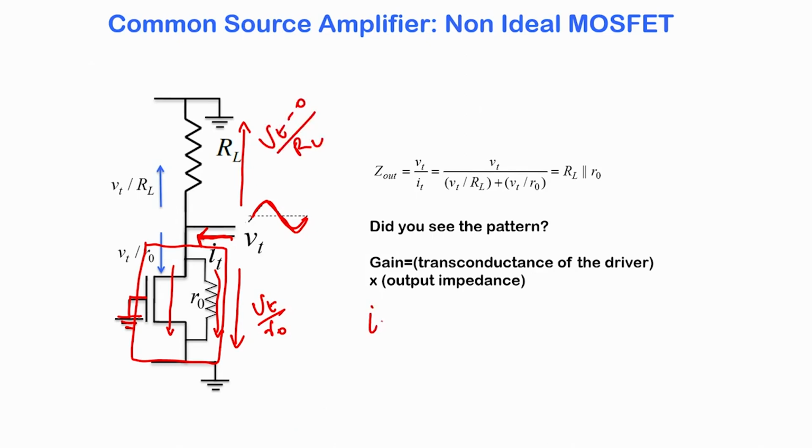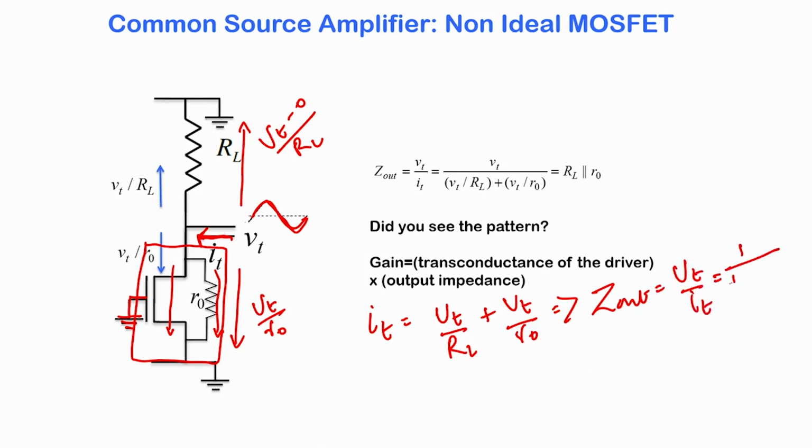It is going to be Vt minus 0 by RL. So, therefore, the total current is going to be Vt by RL plus Vt by Ro, which is basically saying that my Z output is Vt by It, which is 1 by RL plus 1 by Ro, which is RL parallel with Ro.